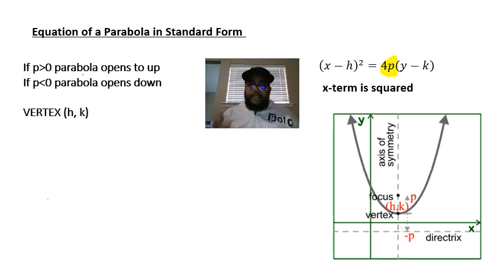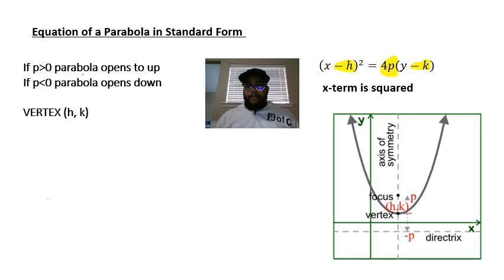The vertex is (h, k). So when we talk about (h, k), we're talking about this h, and we're talking about this k. You'll notice that the h and the k are negative in the equation, and therefore they're going to flip to give you the vertex.